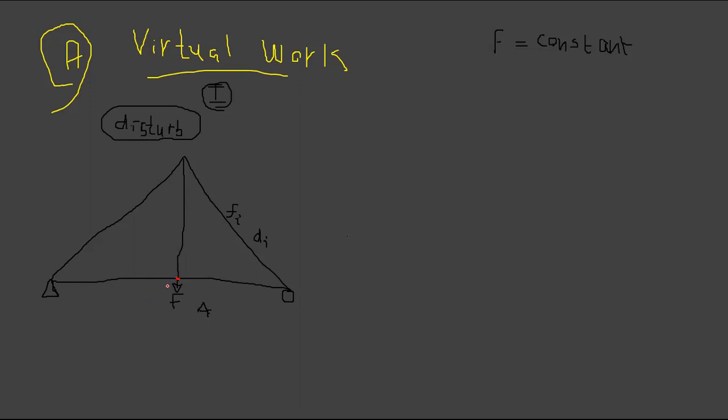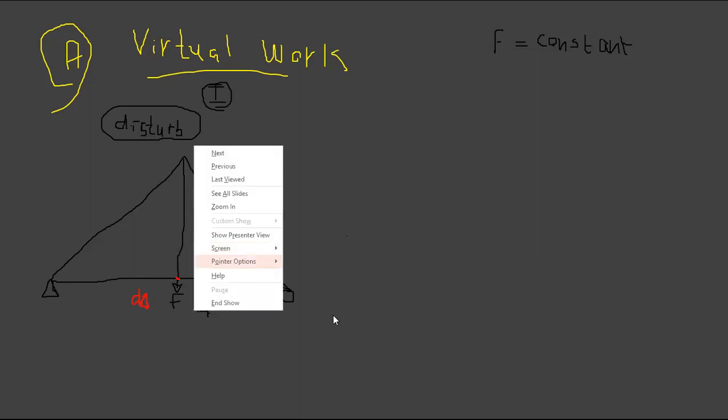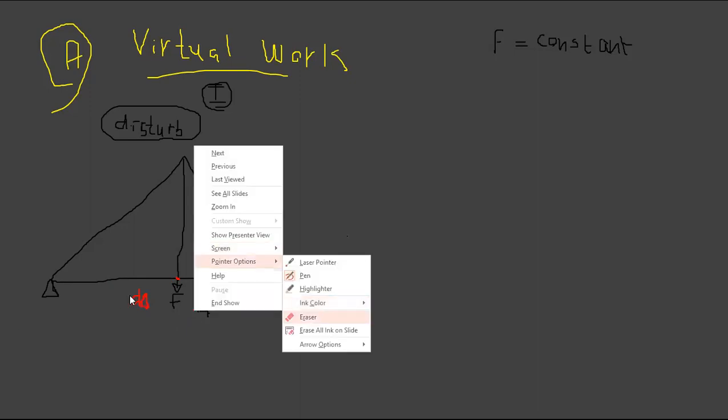This point has already deformed by delta F, so we'll apply this imaginary displacement. What happens if this point is deformed another d delta? That is hard to see.